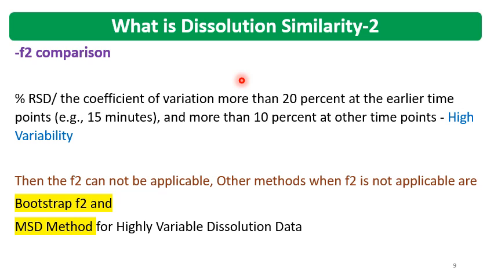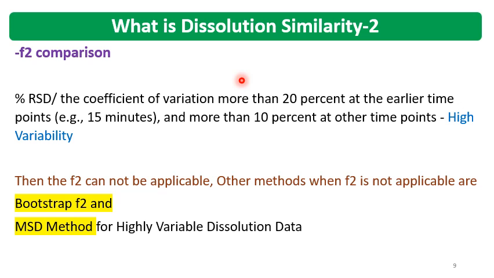And this is why: the RSD is more, and RSD is more because the unit to unit differences are high, and that's why the data is variable, and so other techniques are used for this type of formulation. Then the F2 is not possible. Other methods when F2 is not applicable are the bootstrapping method, that is bootstrap F2, and the MSD method.